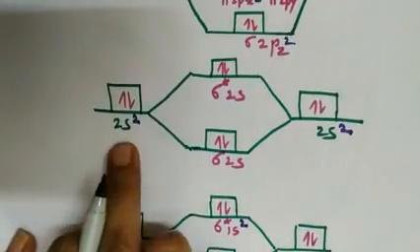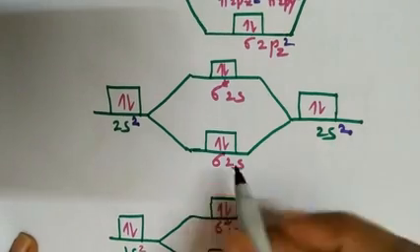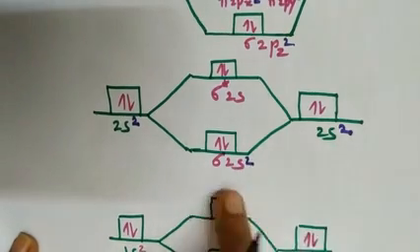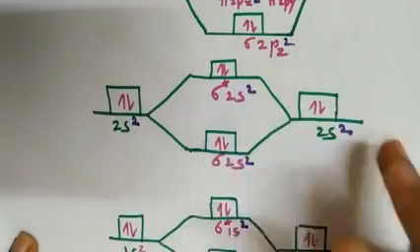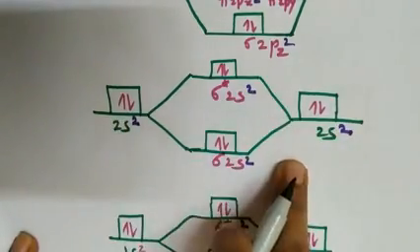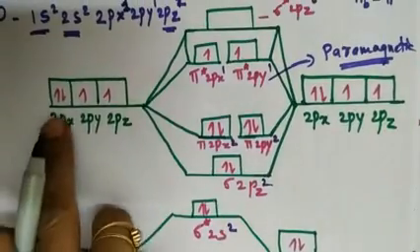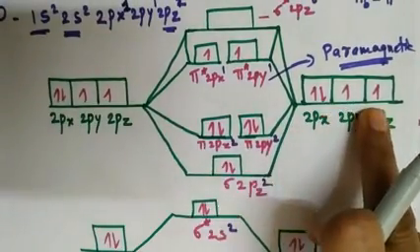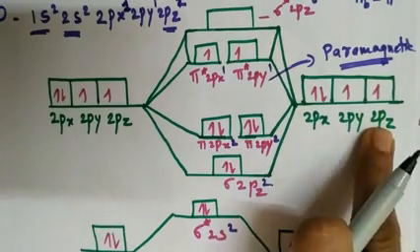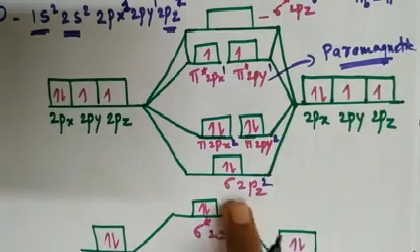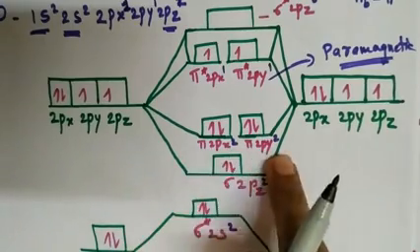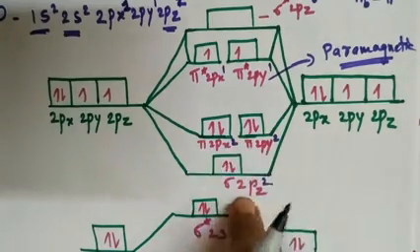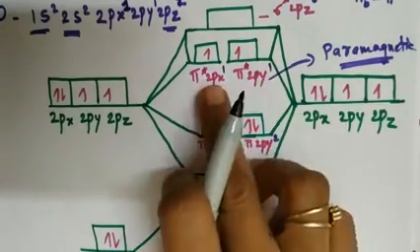Then comes 2s2 of both the oxygens: sigma 2s2 and sigma star 2s2, because 4 electrons are there. Now remaining 8 electrons. How will they come? According to the configuration, first sigma 2pz2, then pi 2px2, pi 2py2. 6 electrons will get here, and out of 8, 2 are remaining.